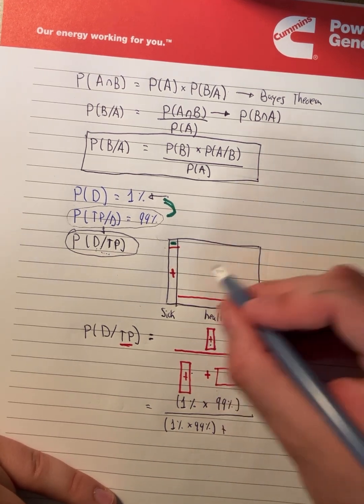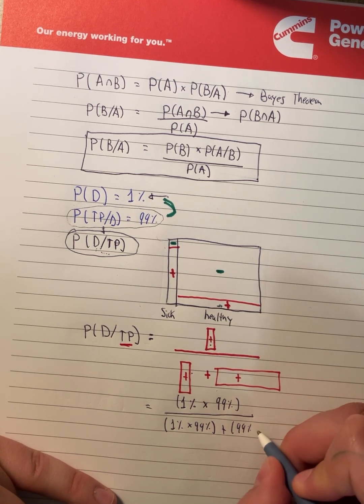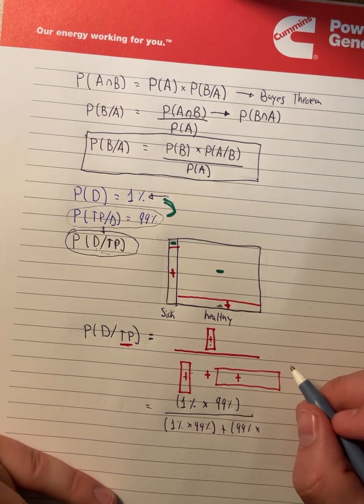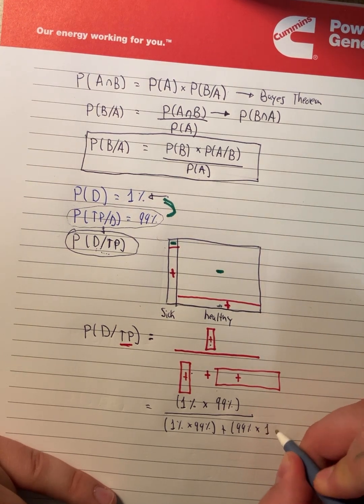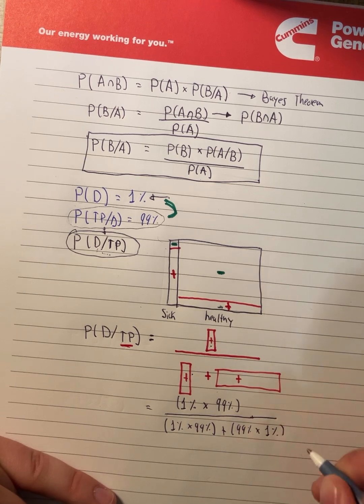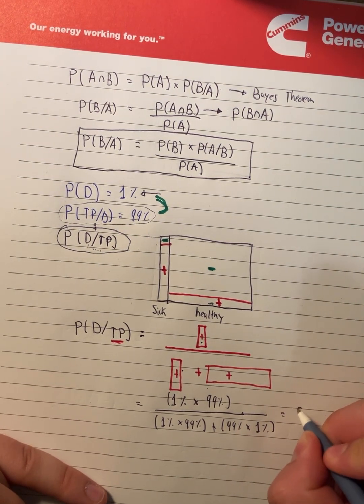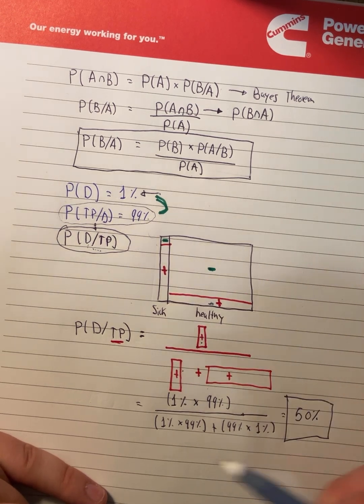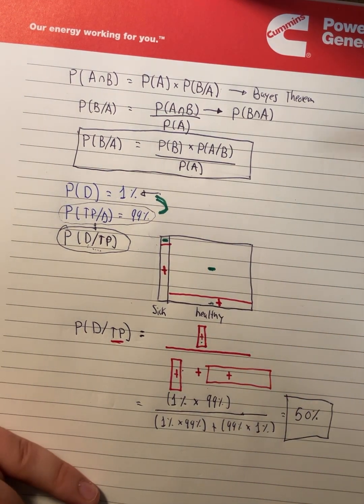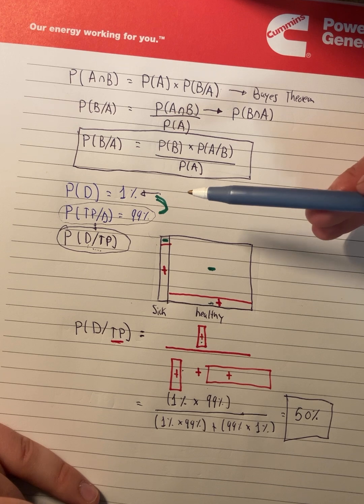And what is this? Well, the 99% of the population, and they're going to test positive incorrectly because the test is making a mistake just 1% of the time. And you will end up having that this is equal to 50%.